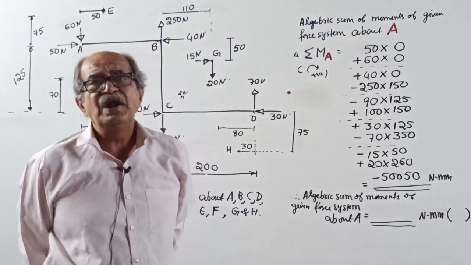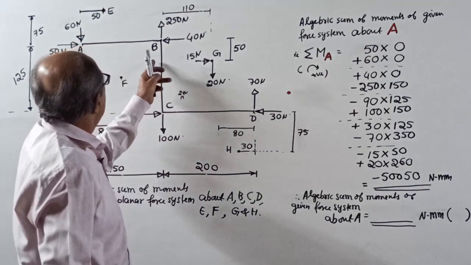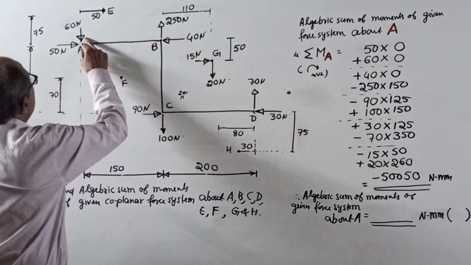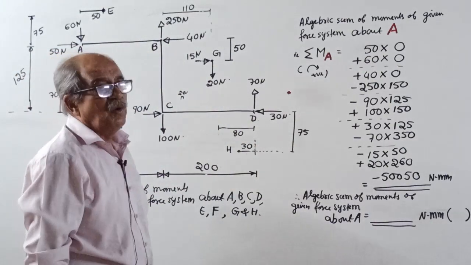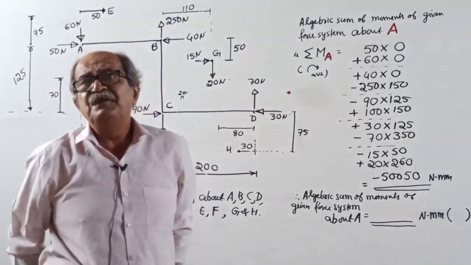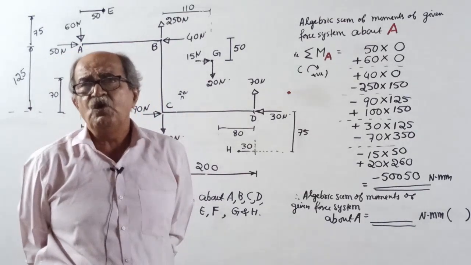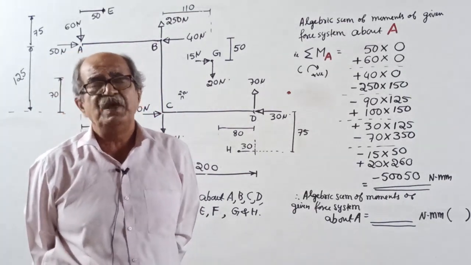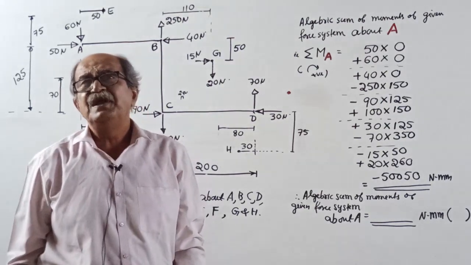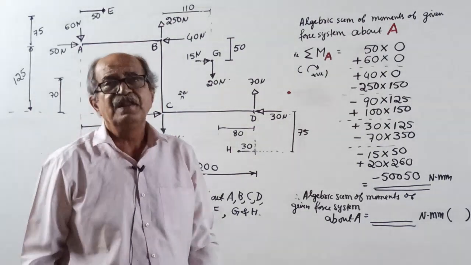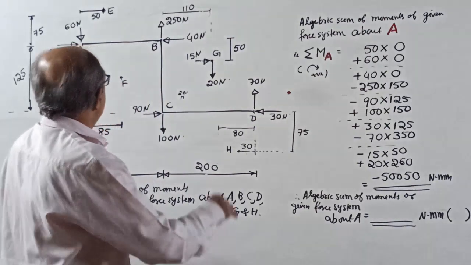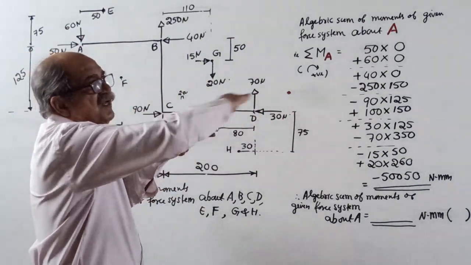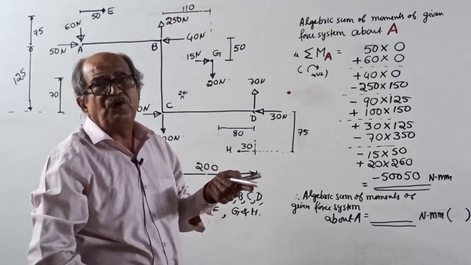But what we will do is, if an inclined force comes, we will resolve into components, horizontal and vertical, x and y. Therefore, even if an inclined force or inclined load is there, finally you get a sketch where you can see only either horizontal forces or vertical forces.